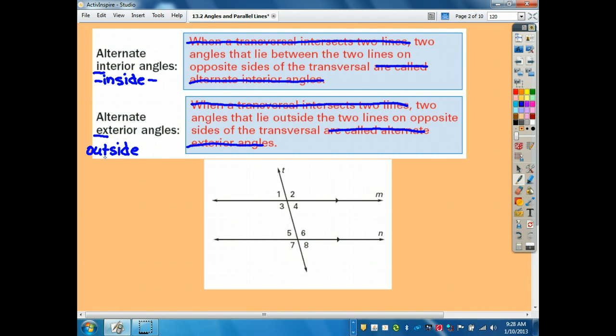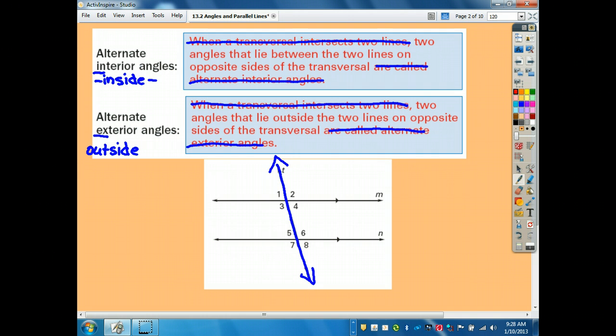And I'll point this out. Let's do the alternate interior angles first. So, if I have my transversal right here, there's my transversal. Now, you have to look in between the lines that we have here. We have our parallel lines right here.